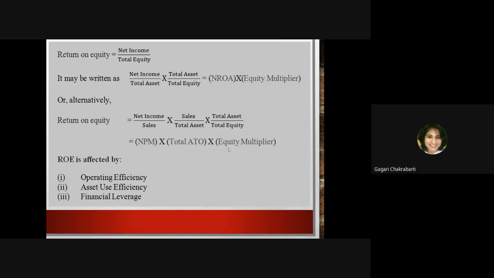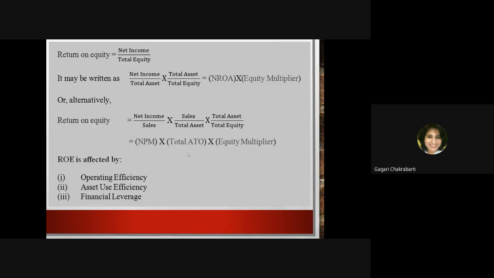So from here, we get a very important result. Return on equity, or the benefit of the stockholders, will depend on 3 things, right? So if our target is benefiting the stockholders, then we should be very, very careful about three things. One is the operating efficiency, the asset use efficiency, and the financial leverage, right?